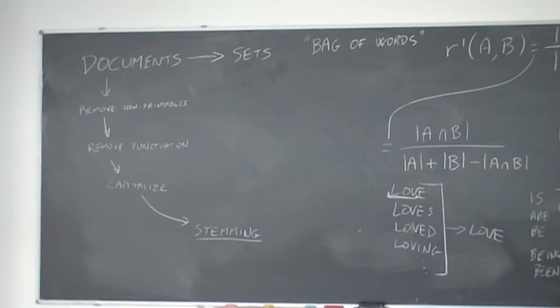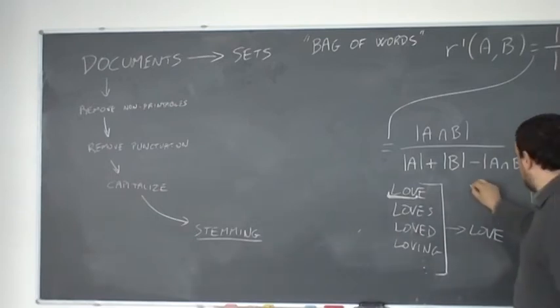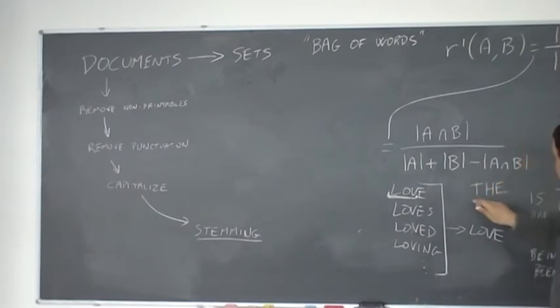After this, well, we are not done. For example, there are words that are important to define a document and other words that are absolutely not important. For example, all English documents will probably contain the word the, the word and. So these words are completely irrelevant for our purposes of representing a document.